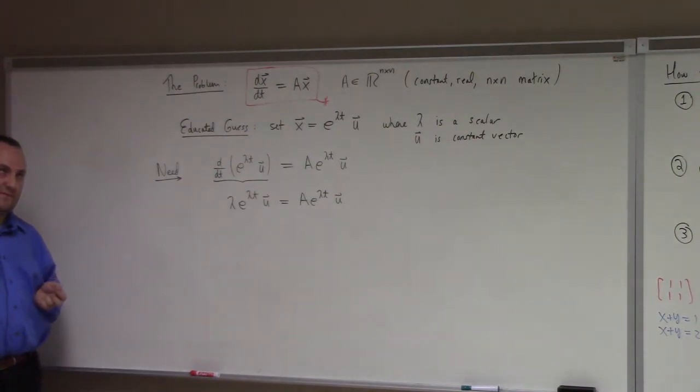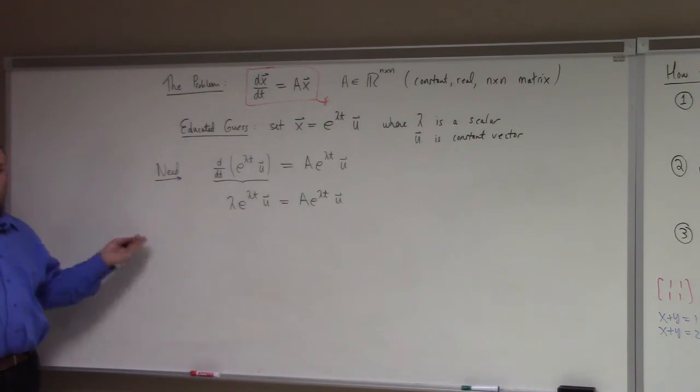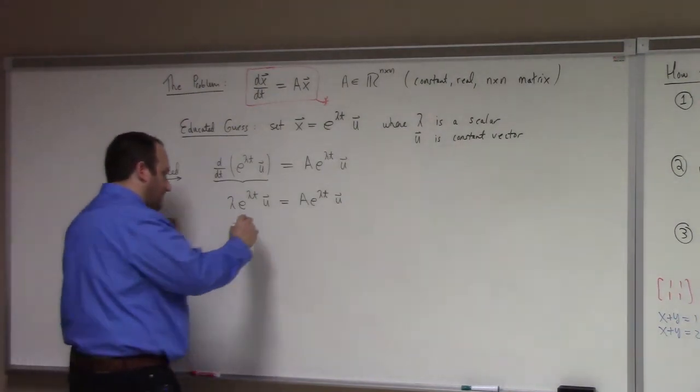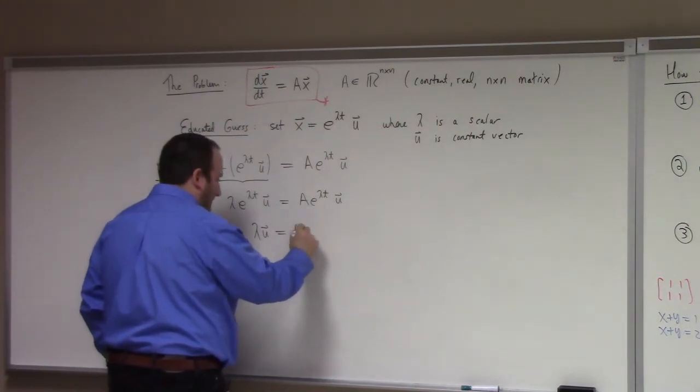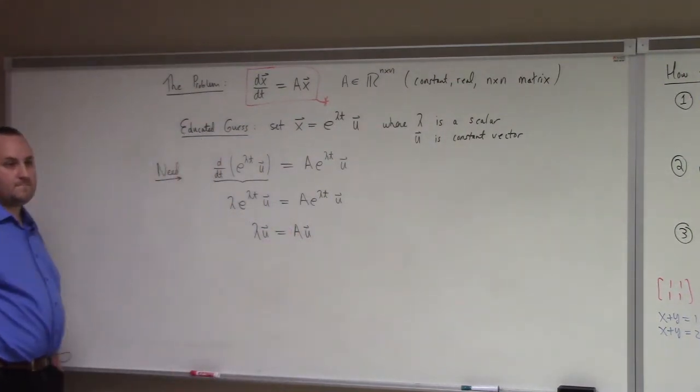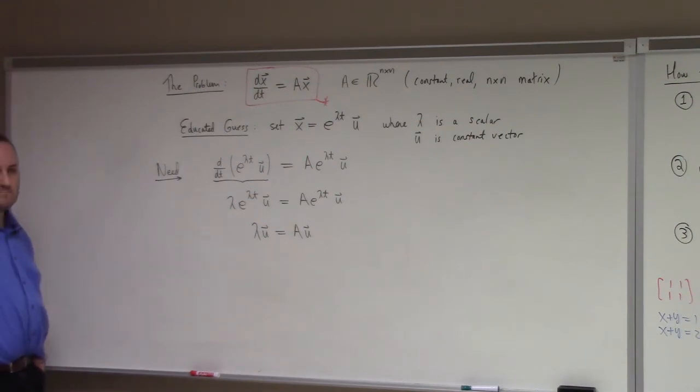This would still make sense if λ was complex, but that's next time. So e^(λt) is a non-zero function, so just divide both sides by it. What's this say? It says that λu is equal to Au. So this means that u is what's called an eigenvector with eigenvalue λ for A.